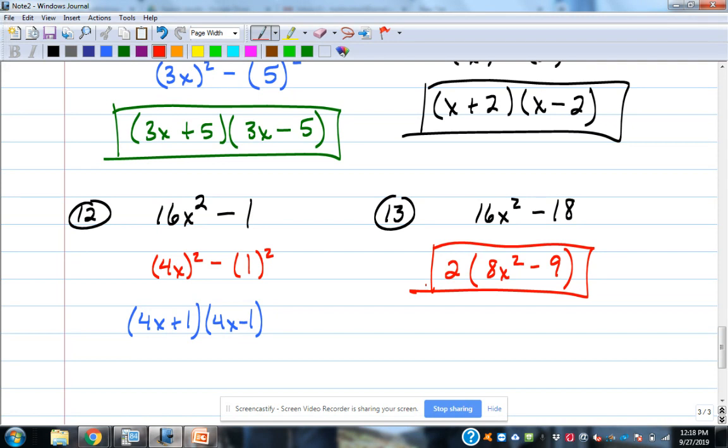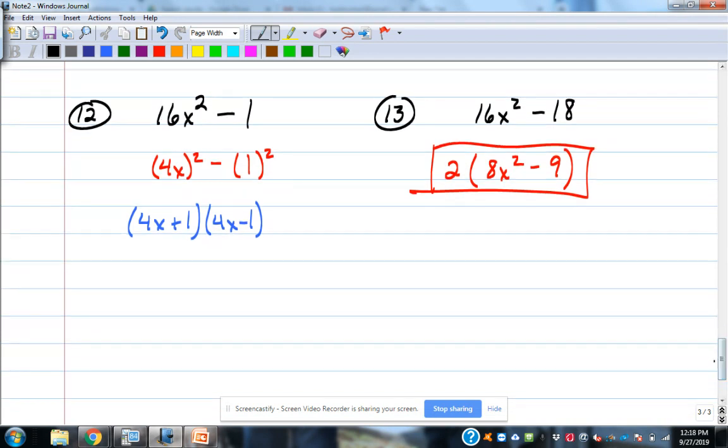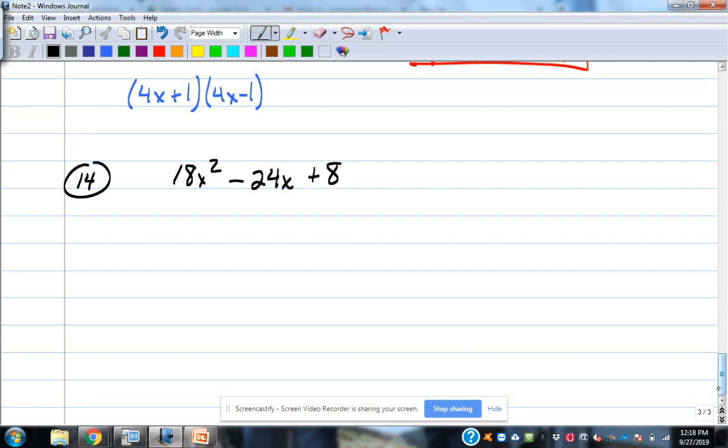So you've got to be able to recognize when something is a difference of squares and when it is not, and be able to go from there. Let's look at 18x squared minus 24x plus 8. I'm just going to mix it all together here.